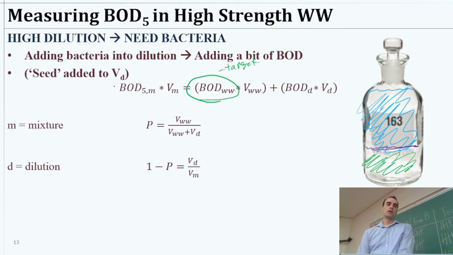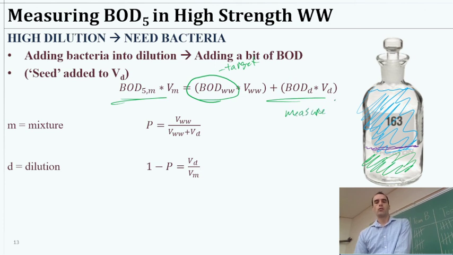And then essentially the BOD of the mixture is the addition of the two, so when we do a series of two jars at the same time, we'll get both pieces of information. We'll measure this one directly, and we'll measure that one separately. And by doing so, we'll then be able to know, given the volume that we had of the wastewater, how much BOD was in it.